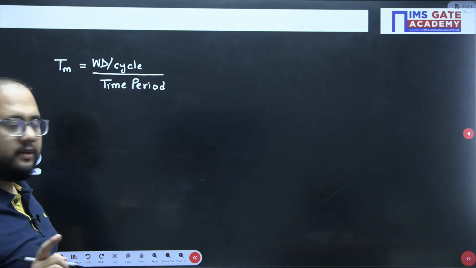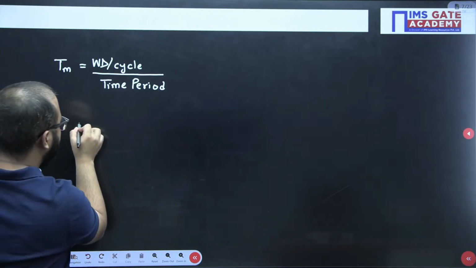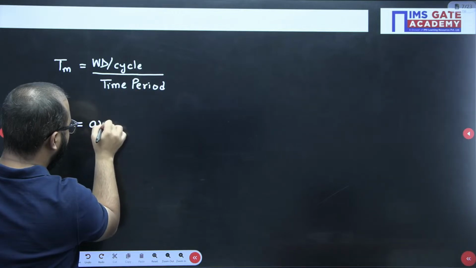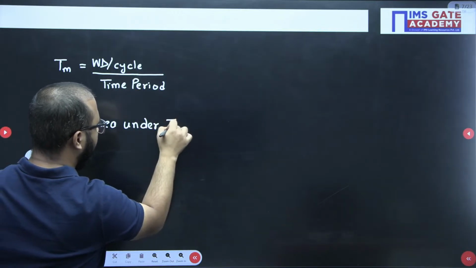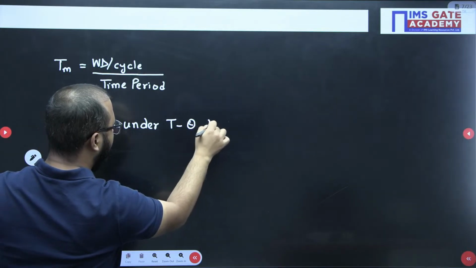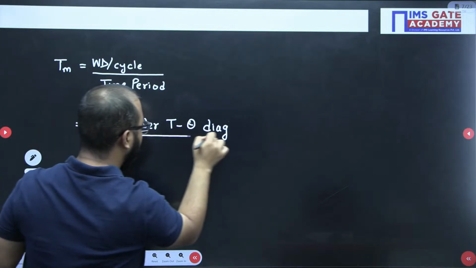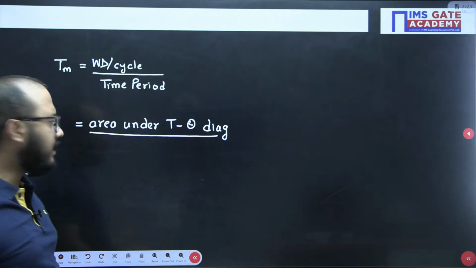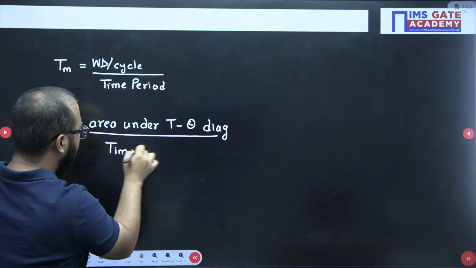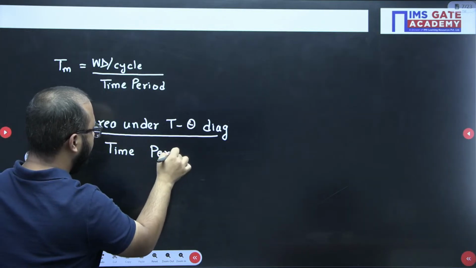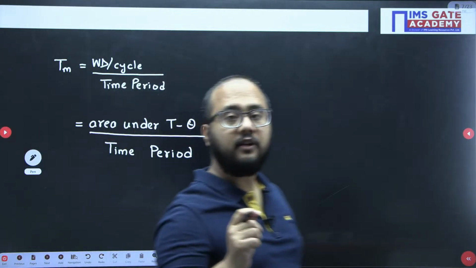Now work done per cycle can be written as the area under the T theta diagram, divided by the time period. This is the formula of mean torque.